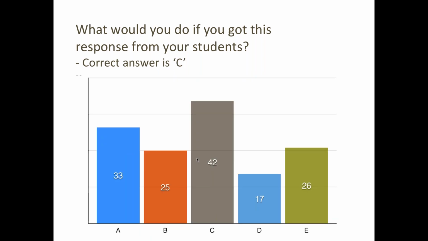Here's a good one. I've actually had this happen to me, and I was sharing with Rhonda earlier that when this has happened, I've had an entire class burst out laughing, because when I shared this data with the students, they realized that everybody's confused in the class. And so if you, as an instructor, are comfortable with everybody laughing at you, and you realize, okay, here's a major point of confusion, the great thing is that you know right then and there in the lecture what this point of confusion is, and that you can address it.